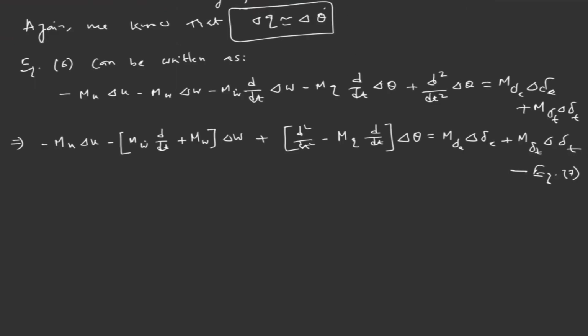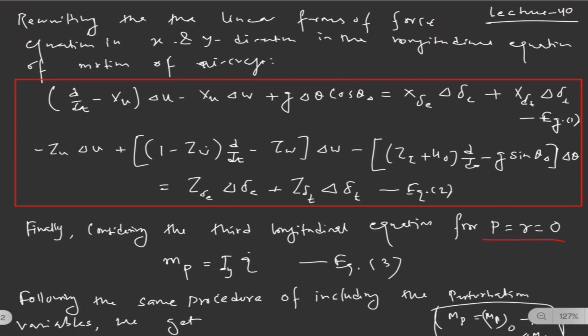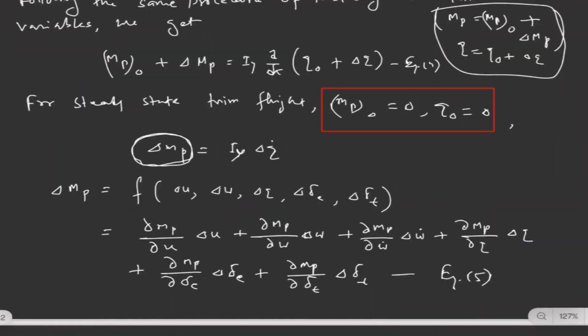Now combining equations 1, 2, and 7. If you notice, this equation is written in linear form, and here we have another set of linear equations, which are equations 1 and 2. So combining 1, 2, and 7, we can come up with the state space form. Let me write one small note.